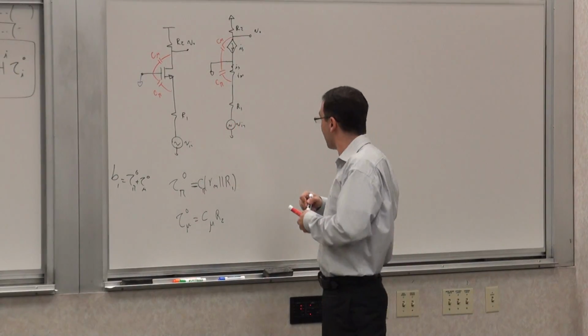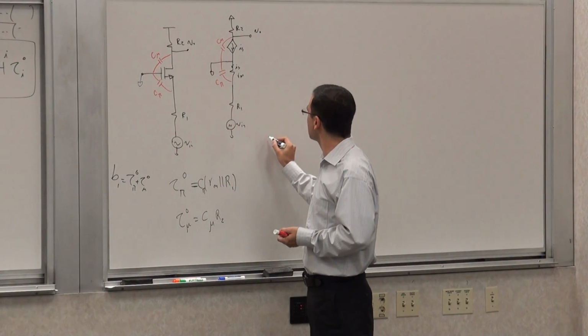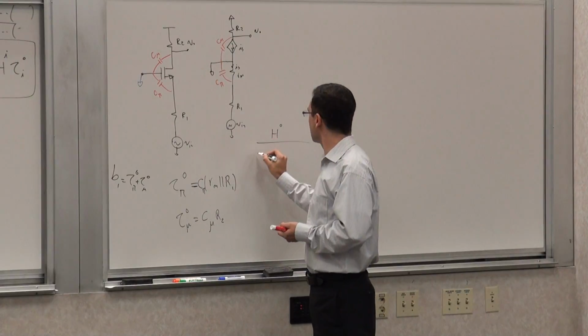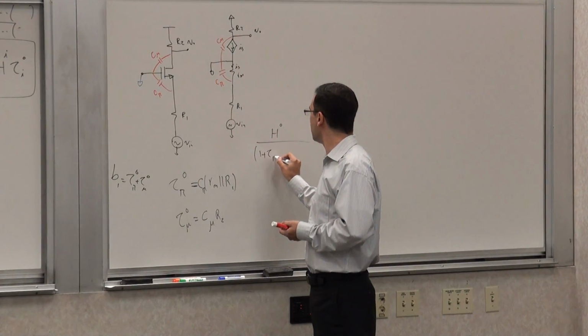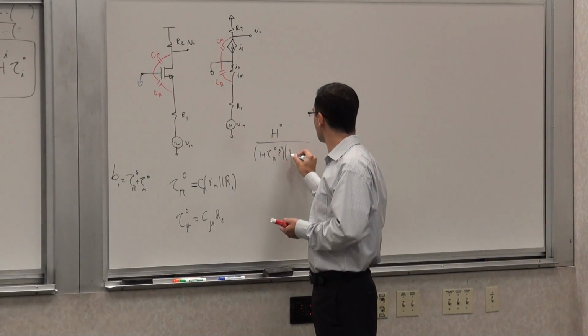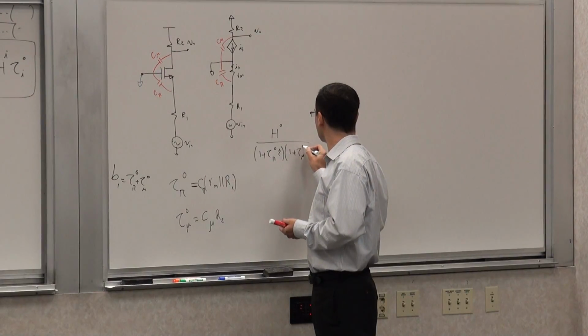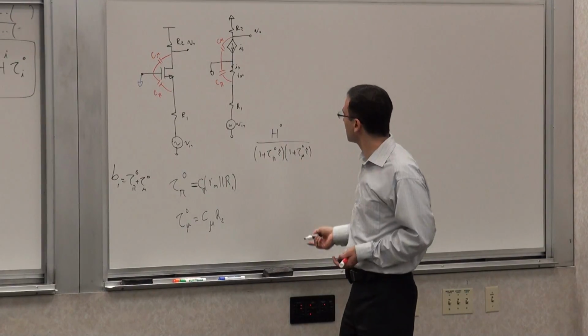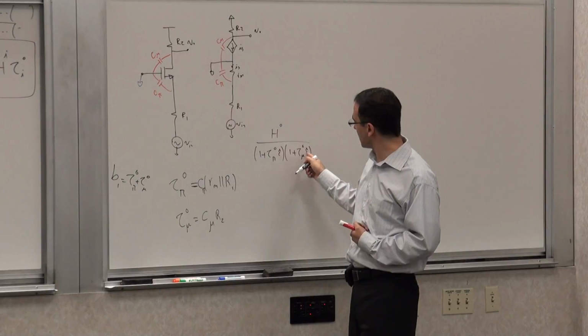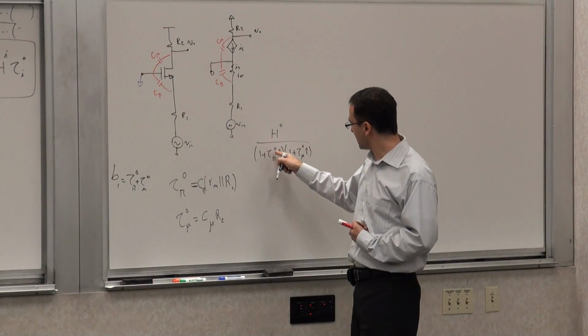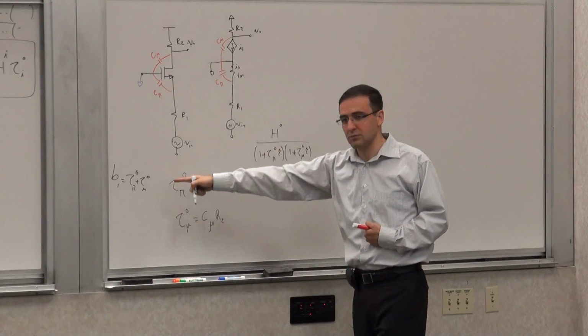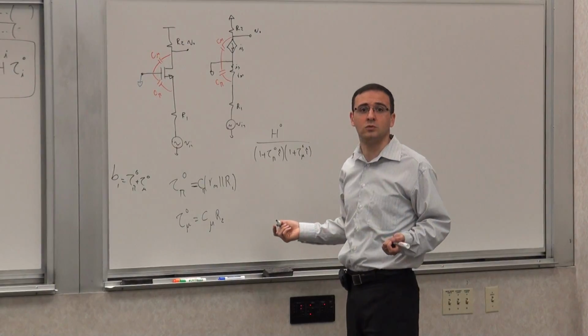So in this case, in fact, the transfer function is simply h naught divided by 1 plus tau pi 0 s times 1 plus tau mu 0 s. And obviously, if you have something like this, B1, which would be the product of this times that plus this times that, would be the same. But now you also know the B2.